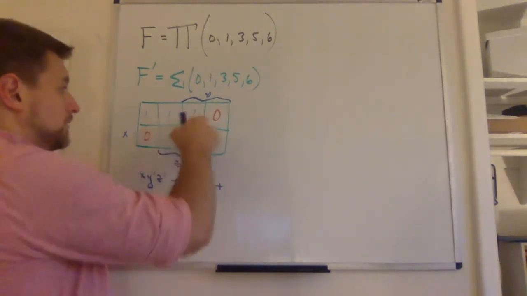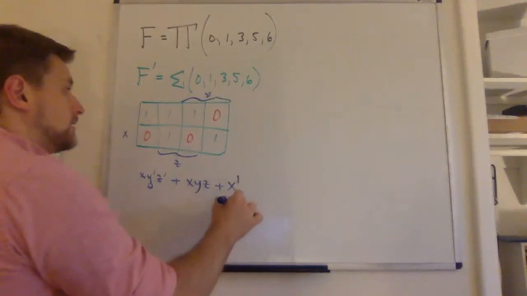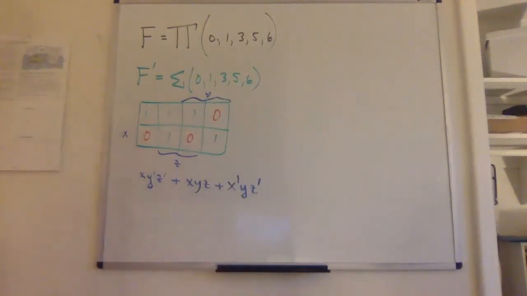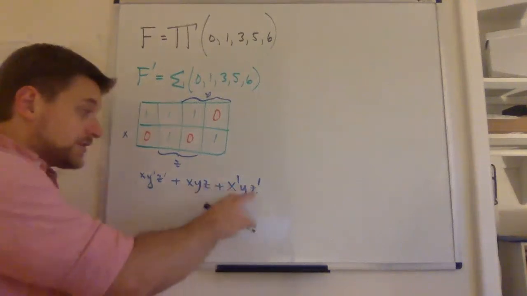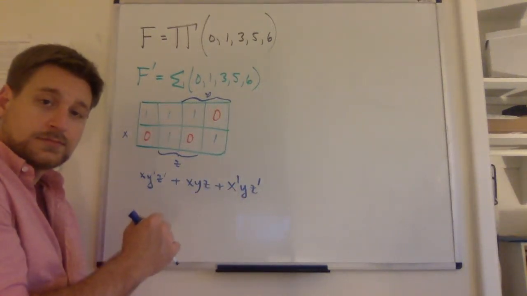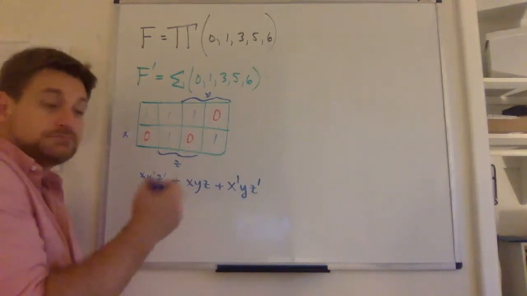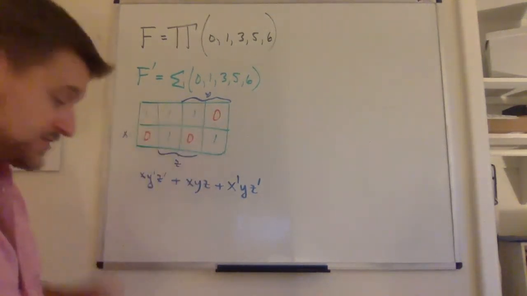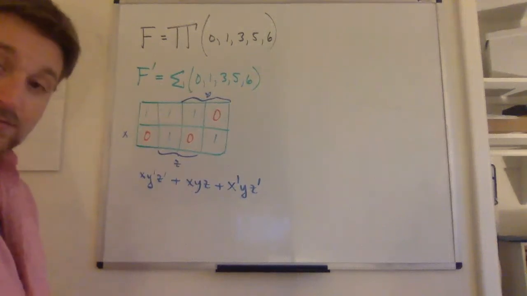And we're talking about not x, y, not z. And we're done. Now, these are minterms. If there had been some simplification, then we would have gotten a better result.